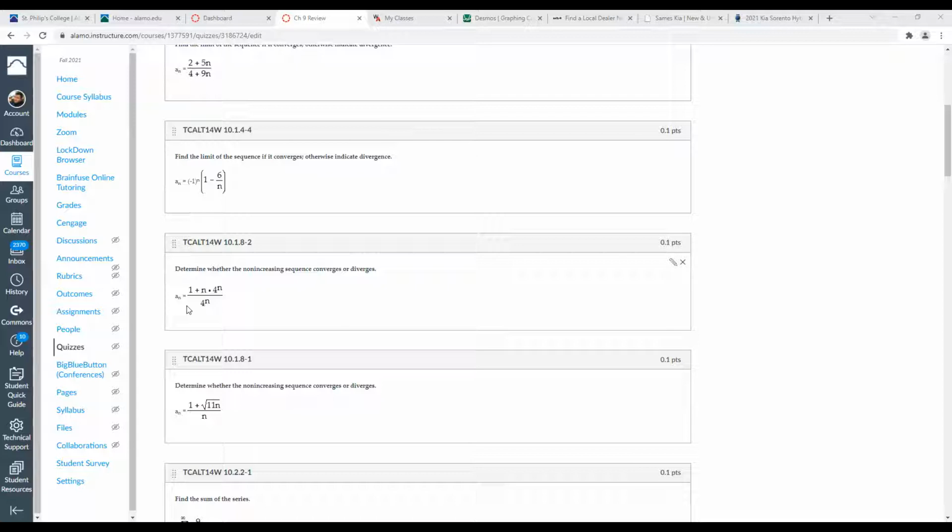Which one's bigger, the top or the bottom? That has n times 4 to the n, right? So the top's going to grow faster than the bottom. Yeah, I think it's going to be infinite.